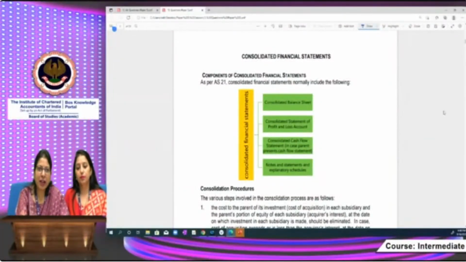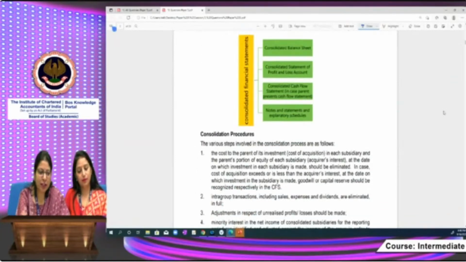Then we come to the very important chapter, consolidated financial statements. Under consolidation, we are supposed to focus on the preparation of consolidated balance sheet and consolidated statement of profit and loss. Exactly what is the need of consolidation? When we have a subsidiary, the company which is having the subsidiary is required to prepare the consolidated financial statements to reflect the position of the subsidiary.